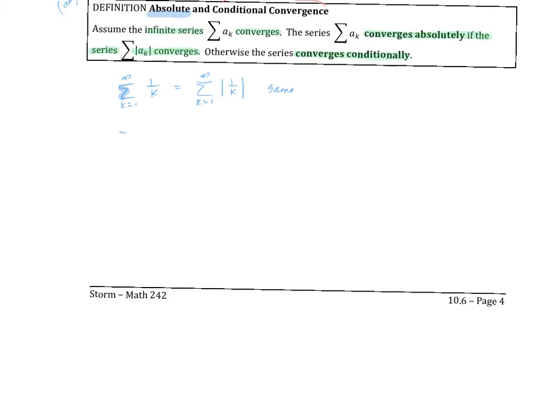However, if I look at the alternating harmonic series, which would be the sum of negative 1 to the k plus 1 over k, that is not the same as its absolute value.